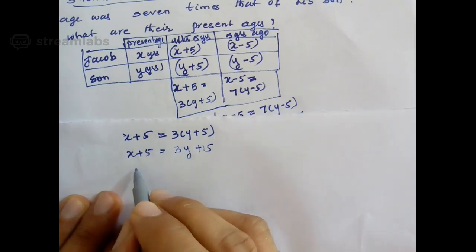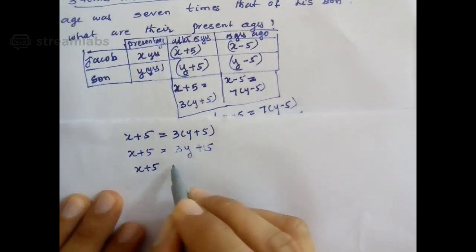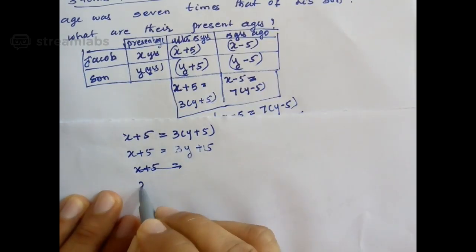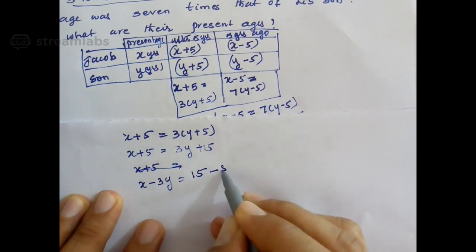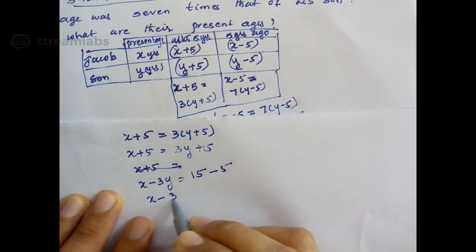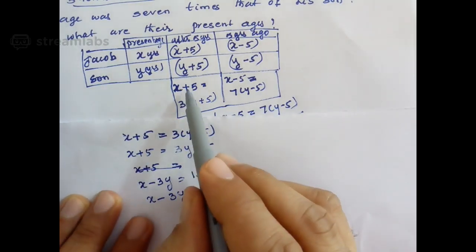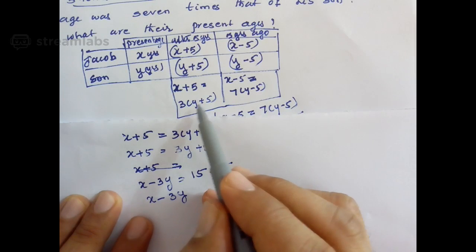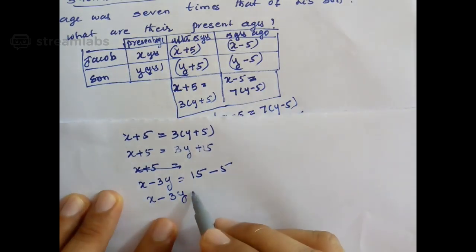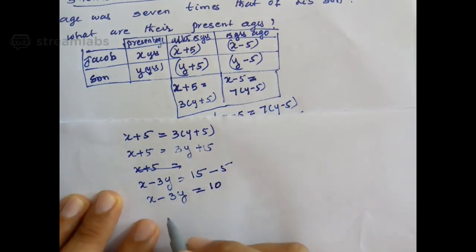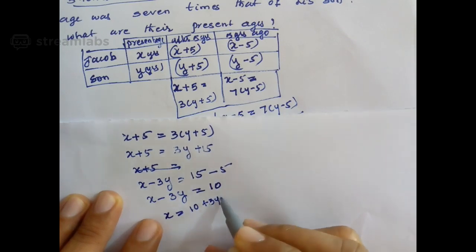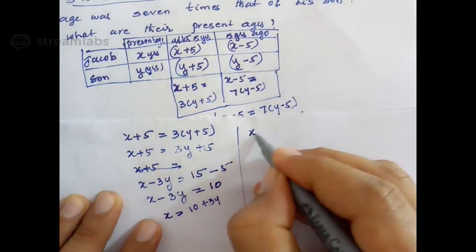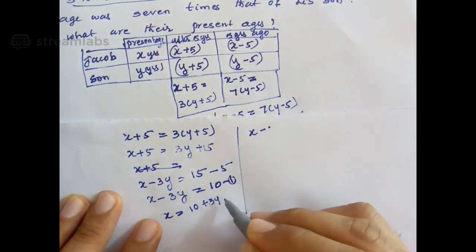Correct? Then x minus 3y is equal to 15 minus 5, because this is x plus 5 is equal to 3 into y plus 5. So x minus 3y is 10, then x is equal to 10 plus 3y. This is equation number 1.